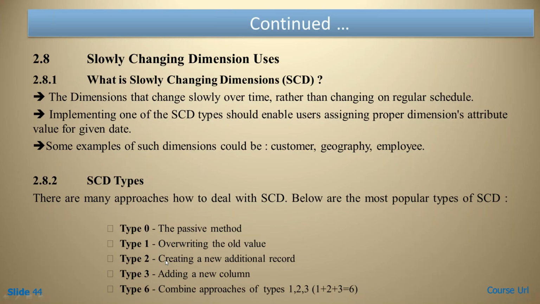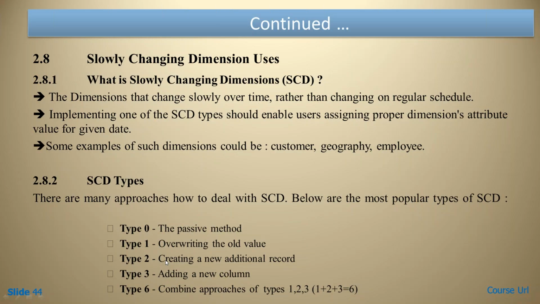This is the main focus of type 2. Whatever new information comes, it keeps in one separate line. It will not club with any other column or any other place. It will insert separately. Another piece of information it gets again goes into another row. So row by row, it will come here.